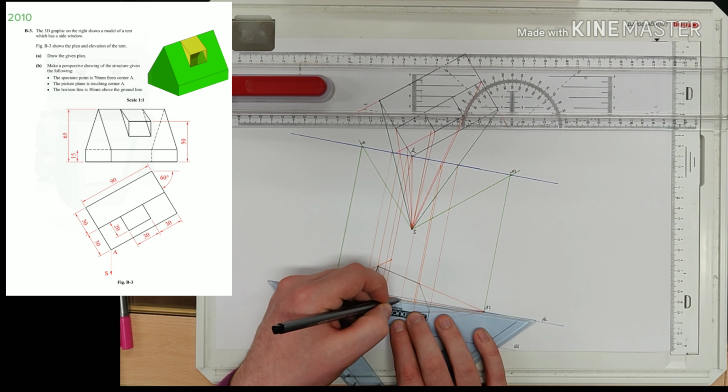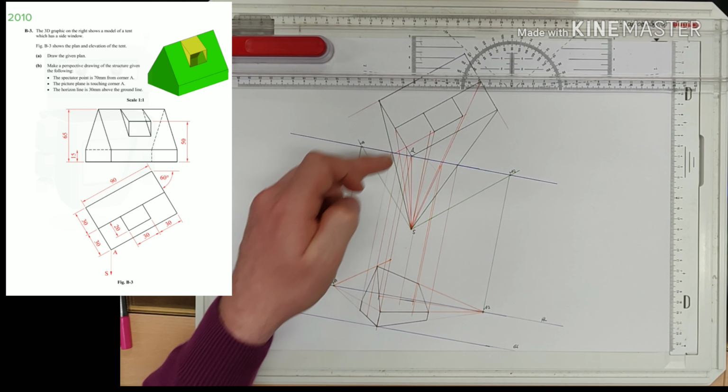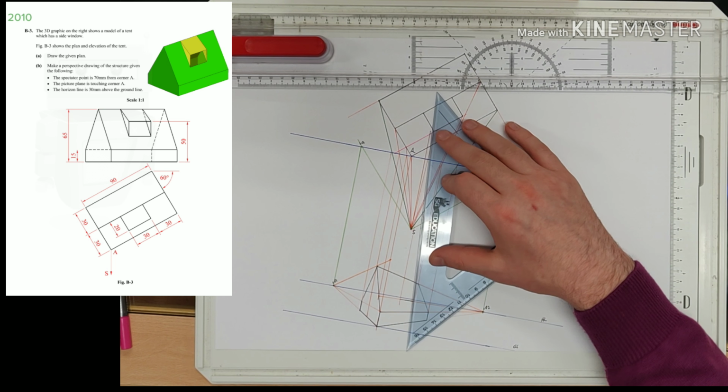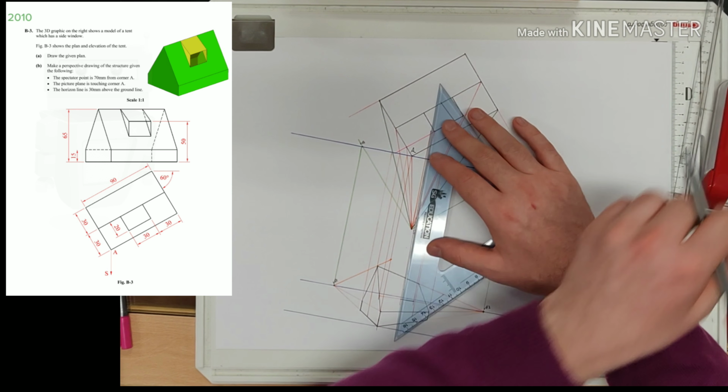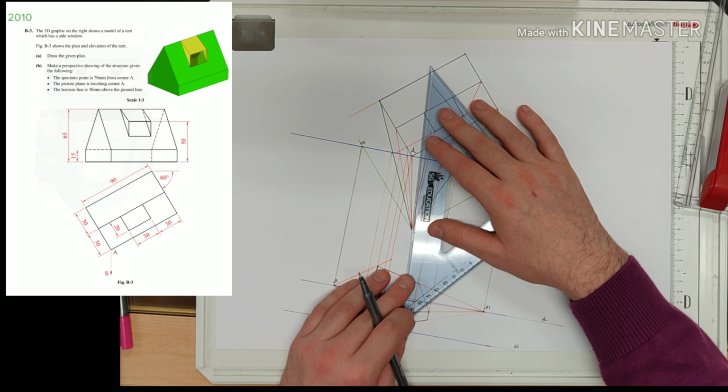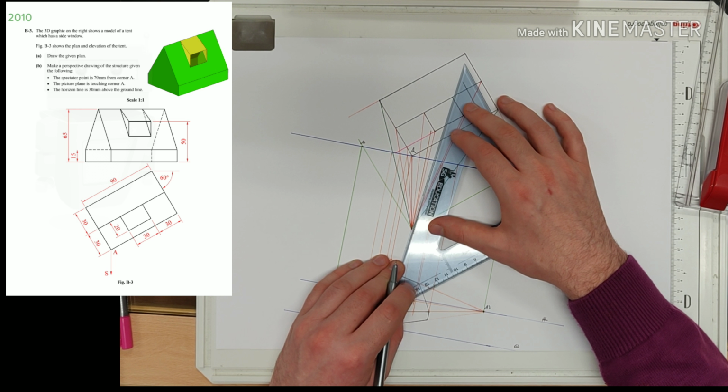Now, I also need to find out where the window hits along here. So I have to bring these 2 points down also. Again, drop them to your spectator before you bring them down to your perspective. So drop. And we'll drop this fella as well.